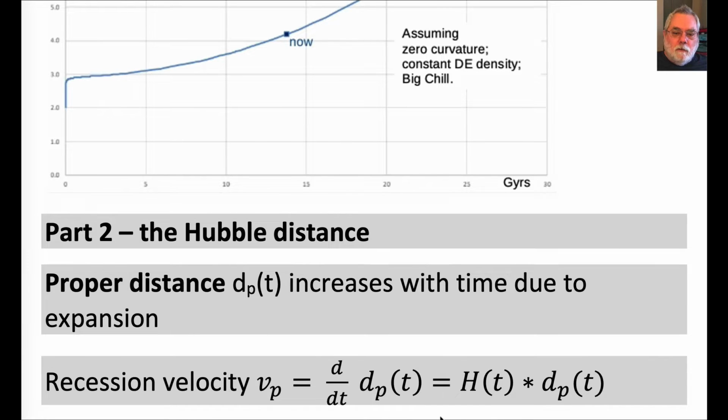We will call the time derivative of the proper distance due to expansion the recession velocity, v sub p. This is the recession velocity of a given galaxy at a given proper distance from us. It turns out that this equals the Hubble parameter, H of t, times the proper distance at that time.